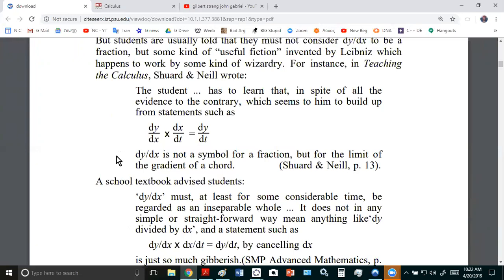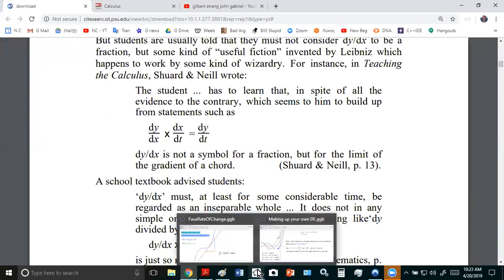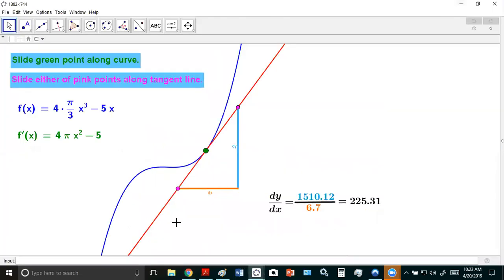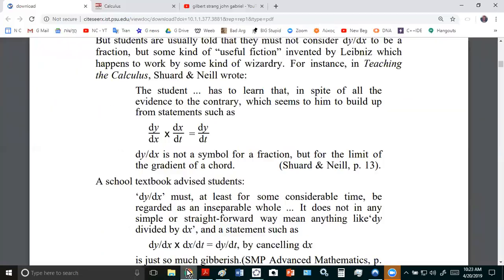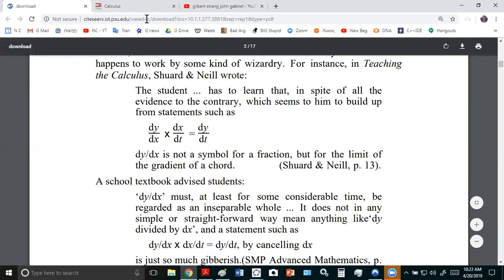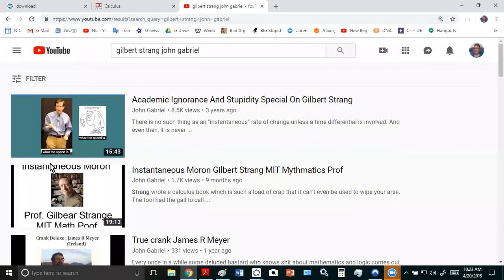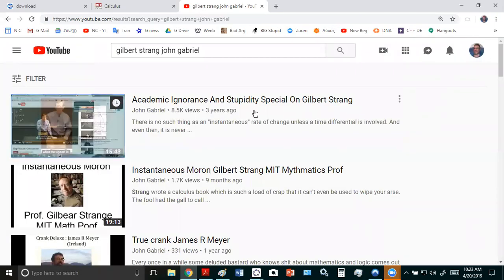And it can be written in many ways because you can have equivalent fractions, right? What it really means, I've explained in a previous video, the one in which I talk about Gilbert Strang. Let me go there. It's called Academic Ignorance and Stupidity, special on Gilbert Strang.